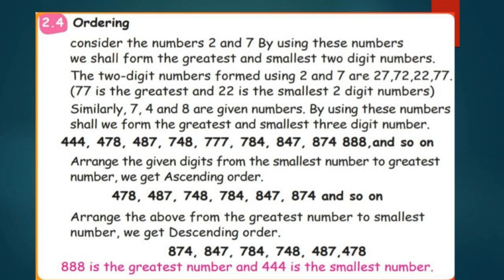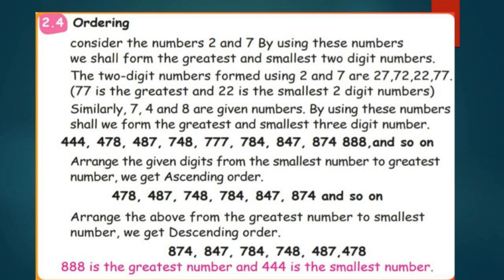Next our side heading is ordering. We are going to find smallest 2-digit number and greatest 2-digit number. Same way we are going to arrange greatest 3-digit number and smallest 3-digit number. Consider the numbers 2 and 7. By using these numbers, we shall form the greatest and smallest 2-digit number.